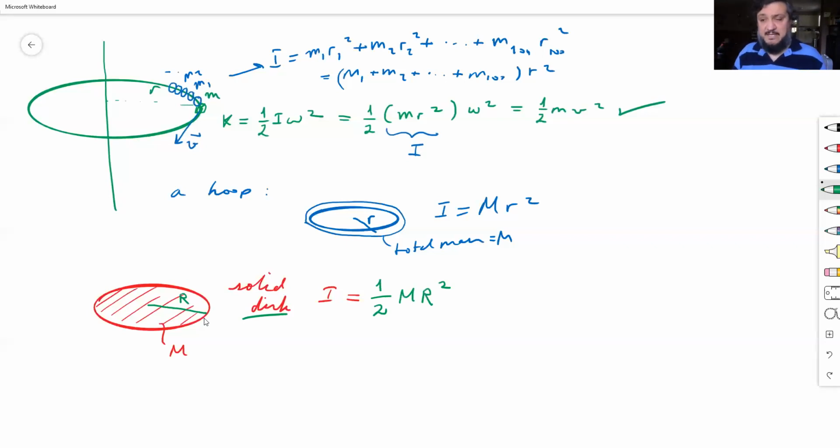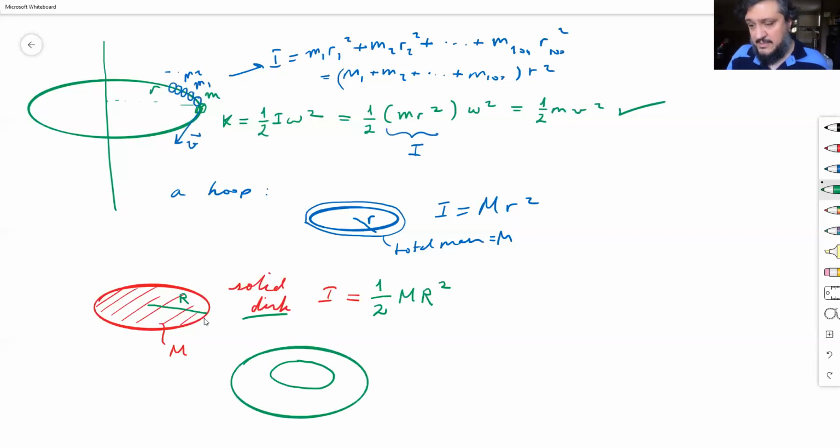So you may have a combination of the two. A CD indeed looks like this. There's a hole in the middle, right? Same thing for the record. So you have two radii, inner and outer radii. For this object, the mass is only here, a donut shape, maybe you can call it.